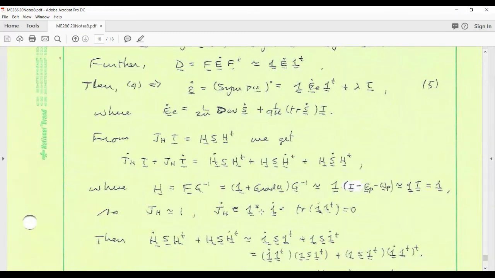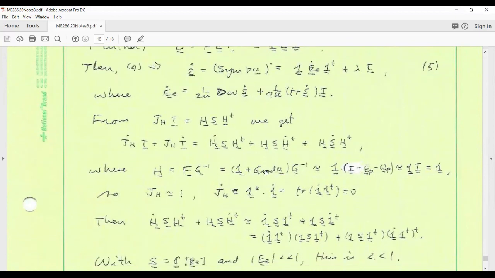The shifter is orthogonal, so its cofactor is equal to the shifter itself, and that inner product is this. This is skew, so that's 0. So we can neglect this term JH dot. JH is about 1. Then we have all this business.